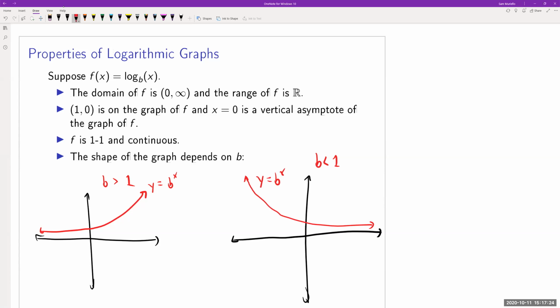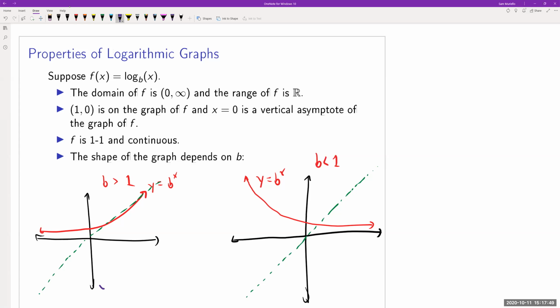In either case, this will give us a sense of what the logarithmic graph will look like. It's going to be a mirror reflection, recall. So we'll be thinking about reflection across this line. And so we can get a sense of what the graph looks like.